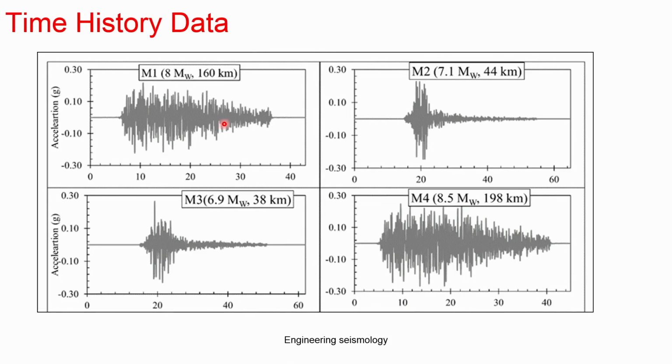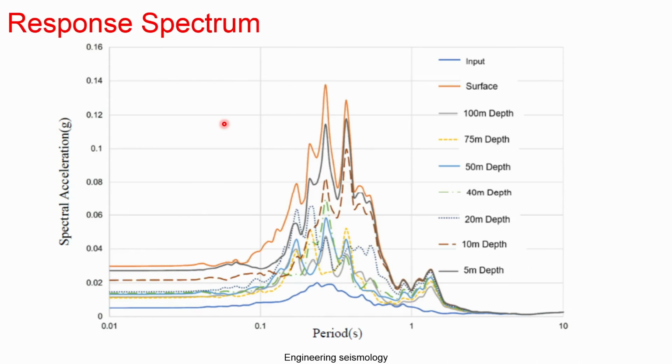So, this is the typical time history data of different magnitudes at different distances, which will give you a glimpse of an idea. You can get a peak amplitude from this, as well as the duration. Okay. Then we also discussed that this data is further used to get a response spectrum. This response spectrum also varies with depth.